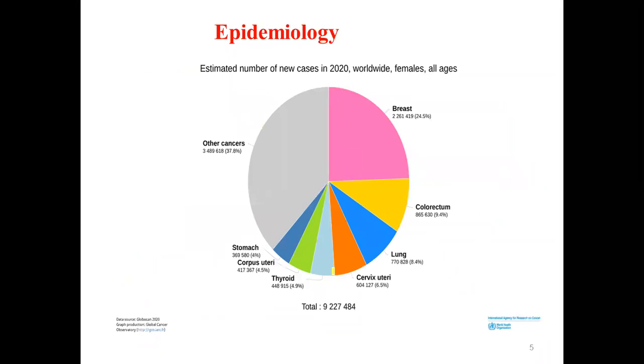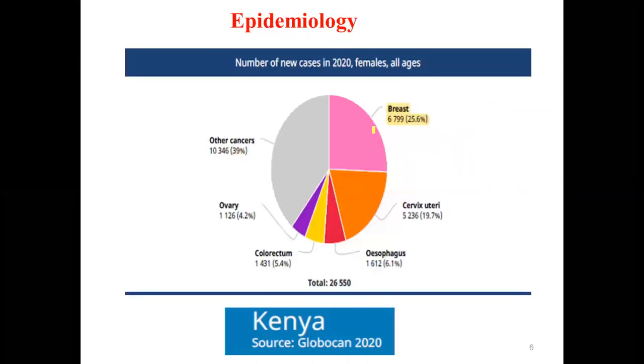Then I think I alluded to this when we were discussing the introductory session. In terms of new cases, breast cancer is still the leading cancer, according to the GLOBOCAN report of 2020. GLOBOCAN reported that in the year 2020, globally, breast cancer is still the leading type of cancer among the female population.